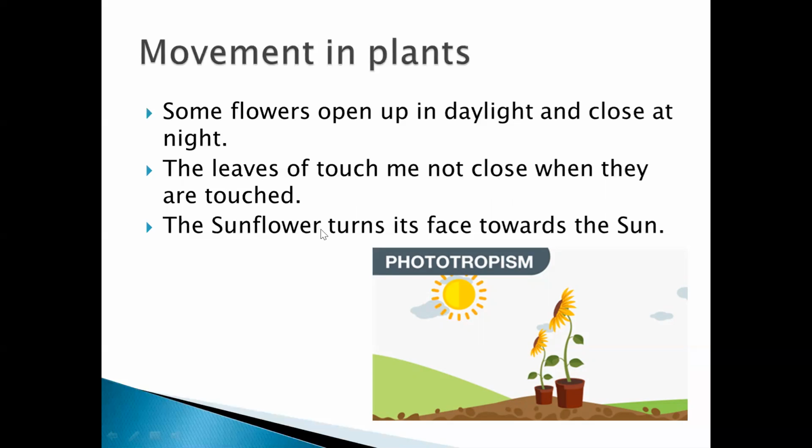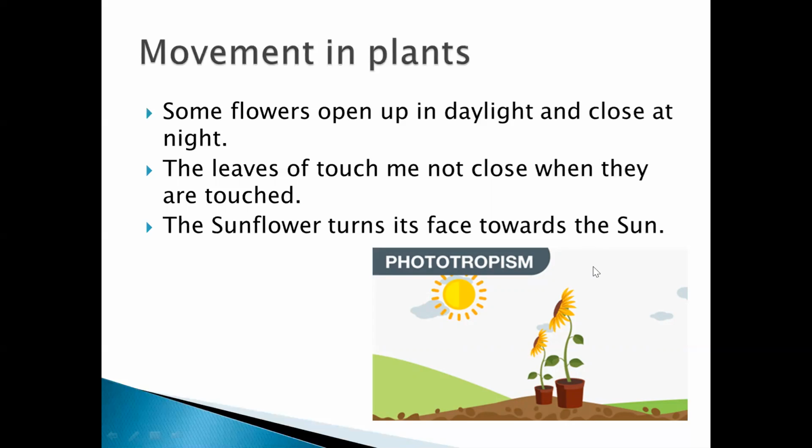And the sunflower turns its face towards the sun, meaning it shows movement according to the movement of the sun. Where the sun moves, its petals move there as well.